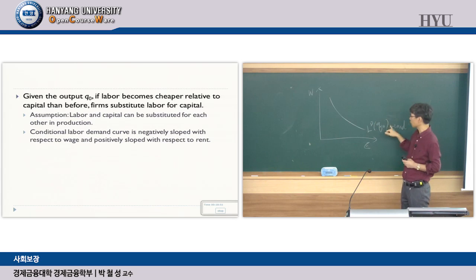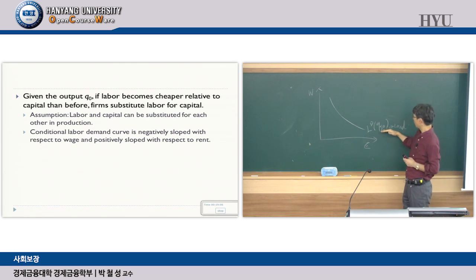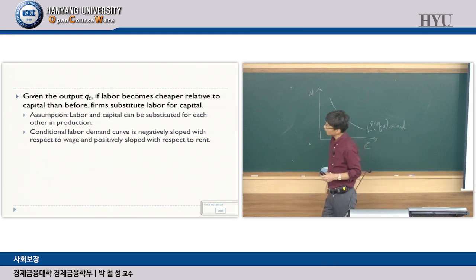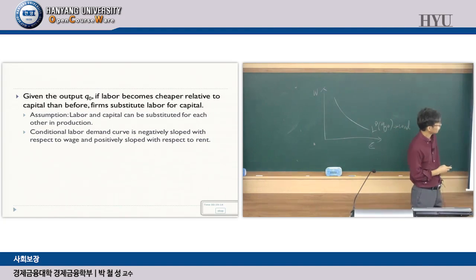For example, if Q goes up, let's say they want to produce more, the labor demand curve should shift upward, because for the same wage rate, they will use more labor if they want to produce more. And if Q0 goes down, it just shifts downward. So this is what we call the conditional labor demand curve.